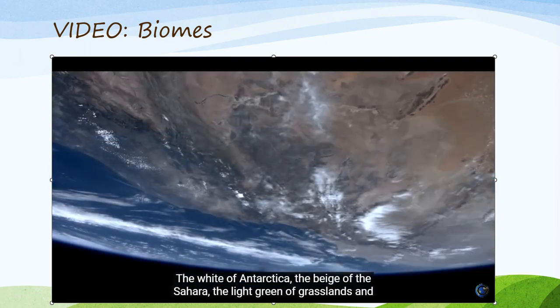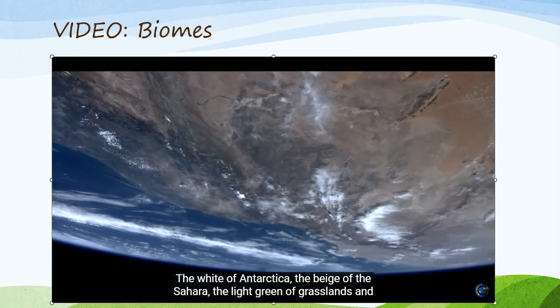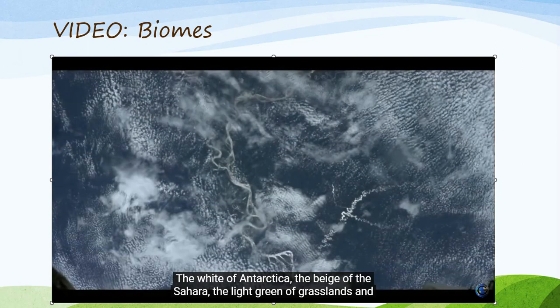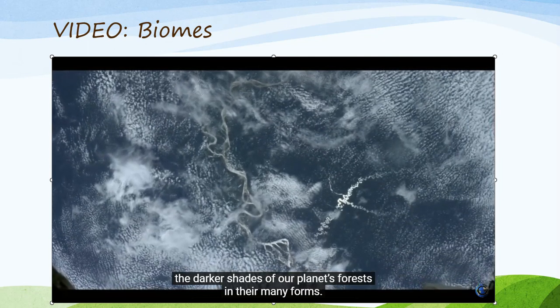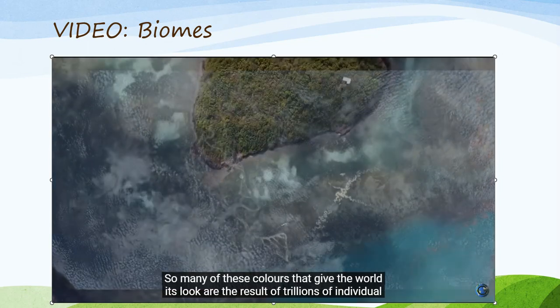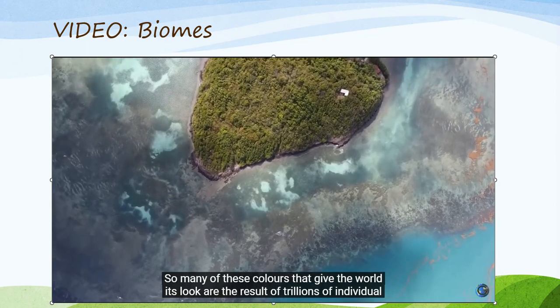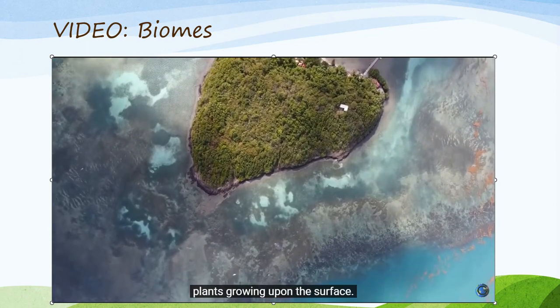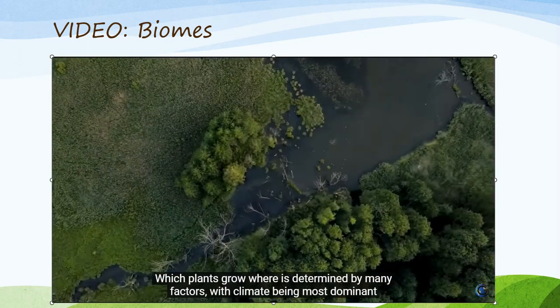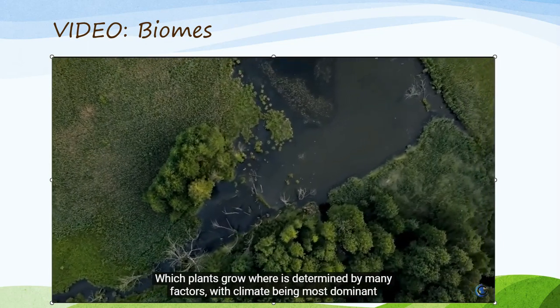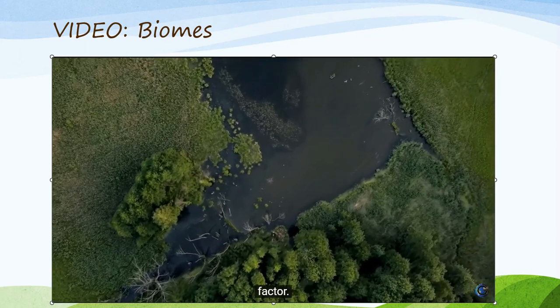The white of Antarctica, the beige of the Sahara, the light green of grasslands, and the darker shades of our planet's forests in their many forms. So many of these colours that give the world its look are the result of trillions of individual plants growing upon the surface. Which plants grow where is determined by many factors, with climate being the most dominant.